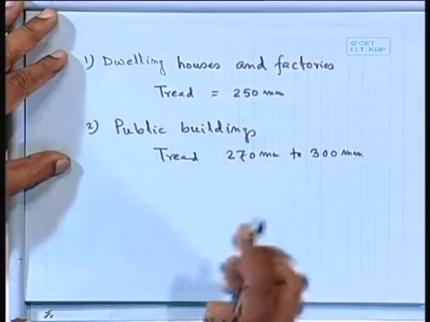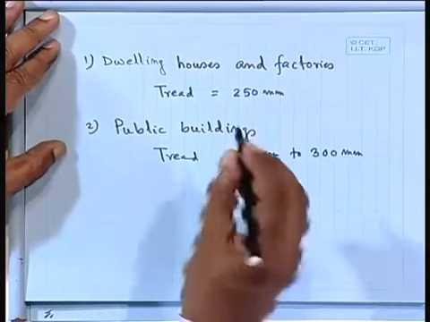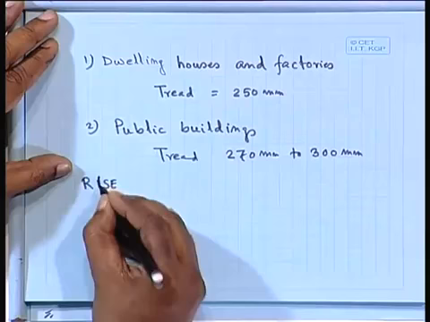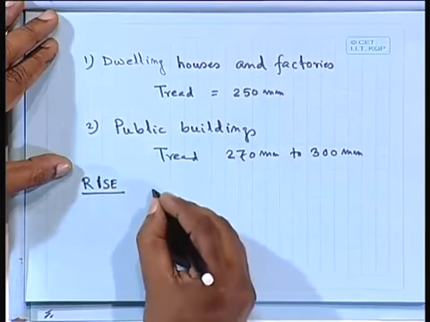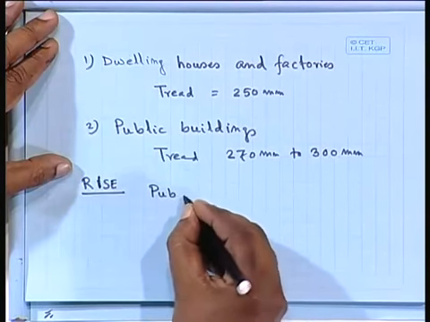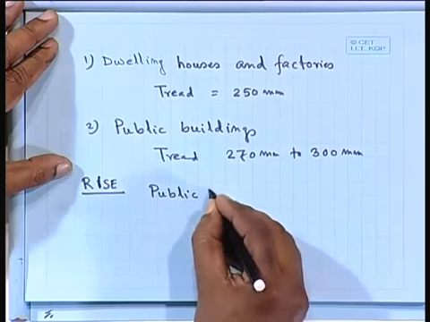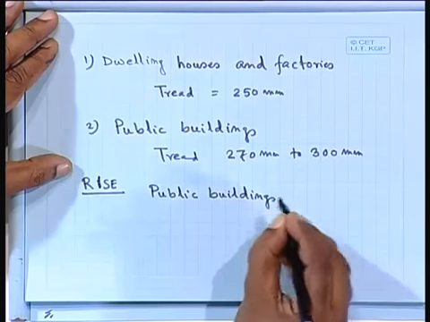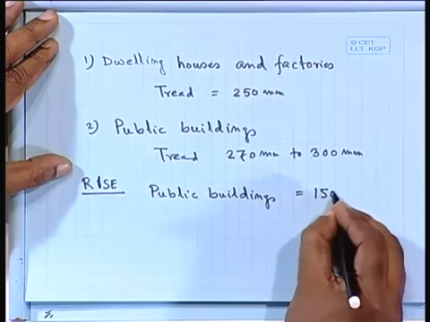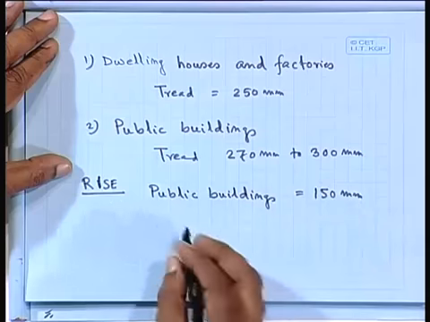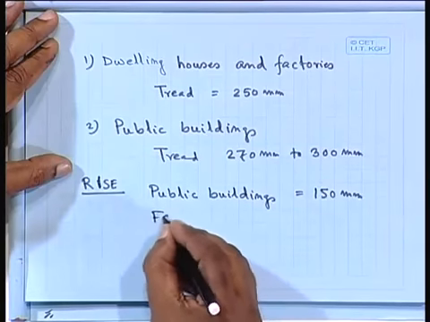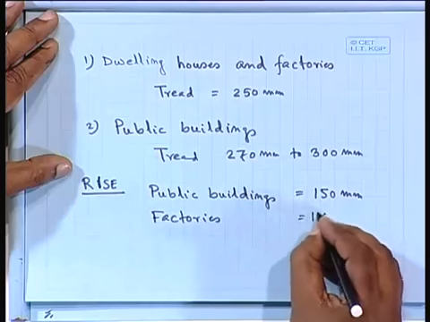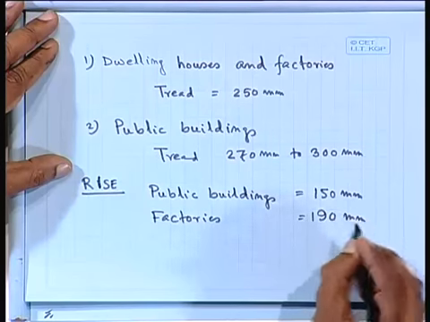So that is the horizontal portion. What about the rise? For public buildings it will be say 150 millimeter, and for factories we can go a little higher, 190 millimeter.